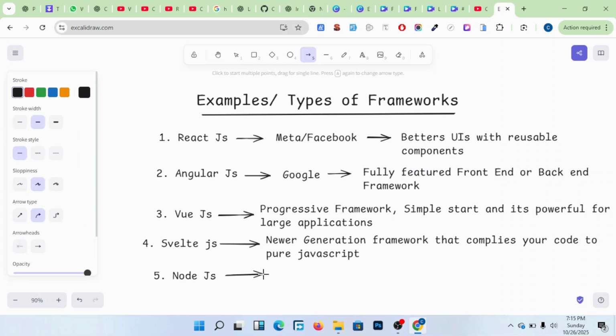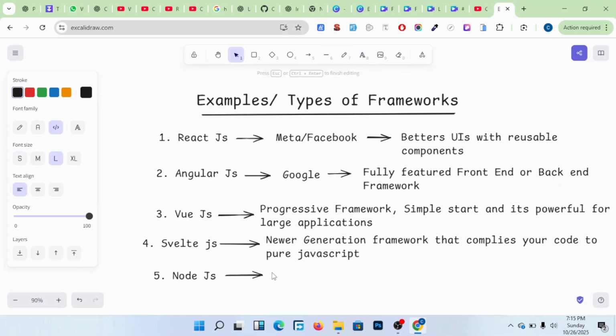Node.js is not a framework. Node.js is just a runtime environment.